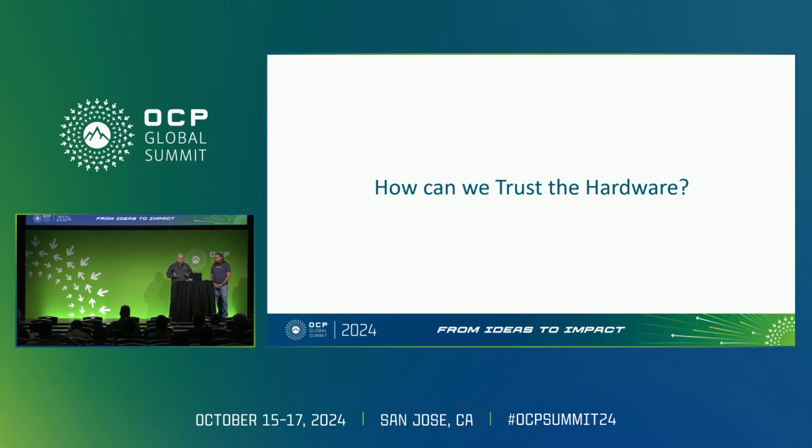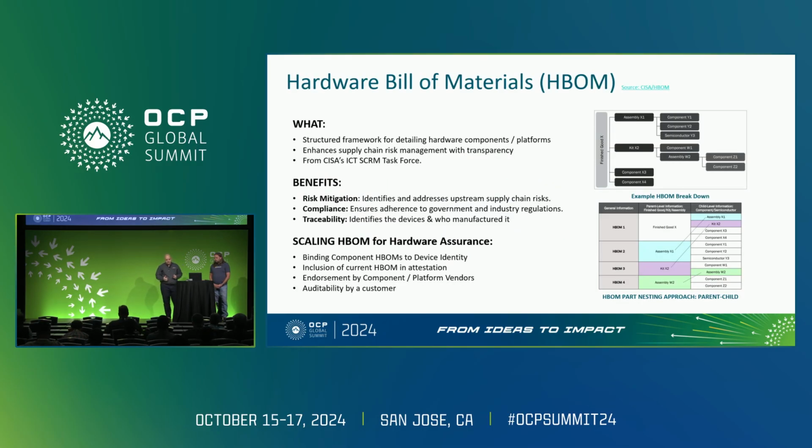It starts with knowing what the hardware is and what the components in the system are, right? So that's where we have the concept of a hardware bill of materials. Many of you have probably heard of SBOM, many of you have heard of HBOM. So, quick primer on HBOM. It's a concept very similar to an SBOM, but for hardware.